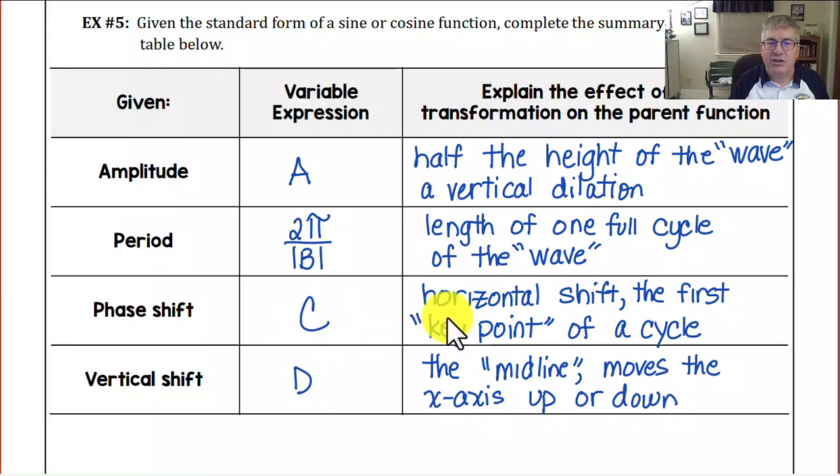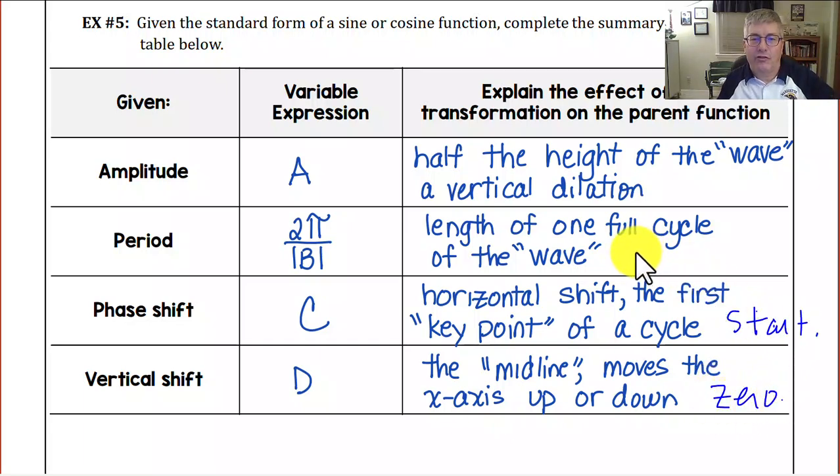Our phase shift is c, a horizontal shift, the first key point of a cycle, or we might say the start point. And then the vertical shift, the midline, moves the x-axis up or down. I call it our new 0 line as well.